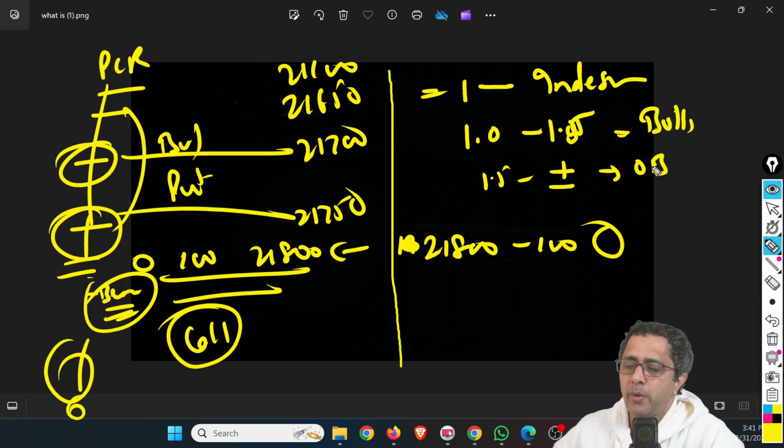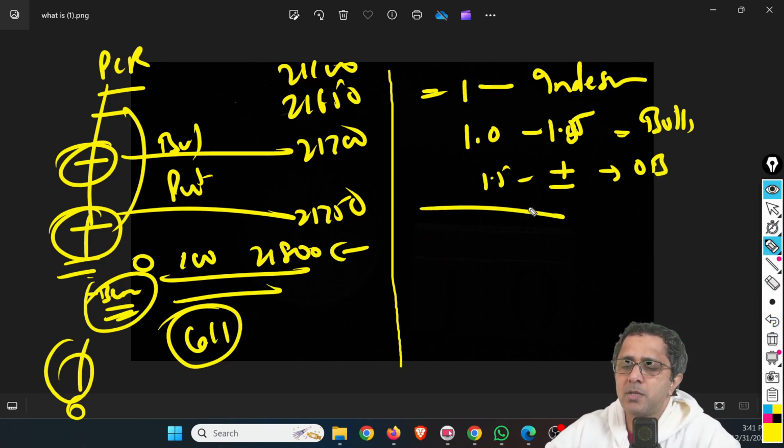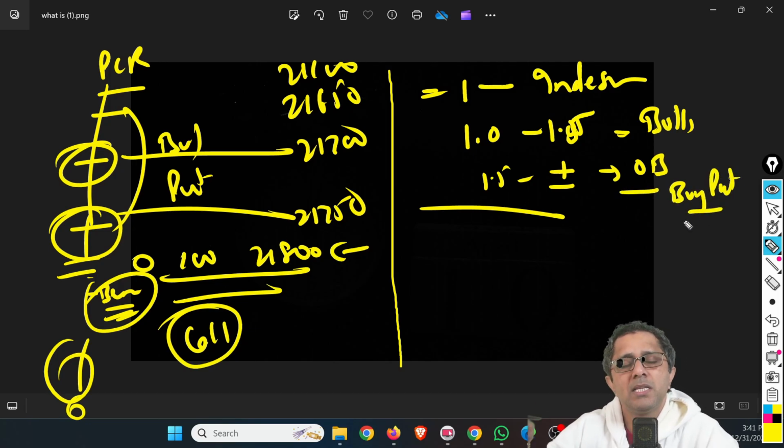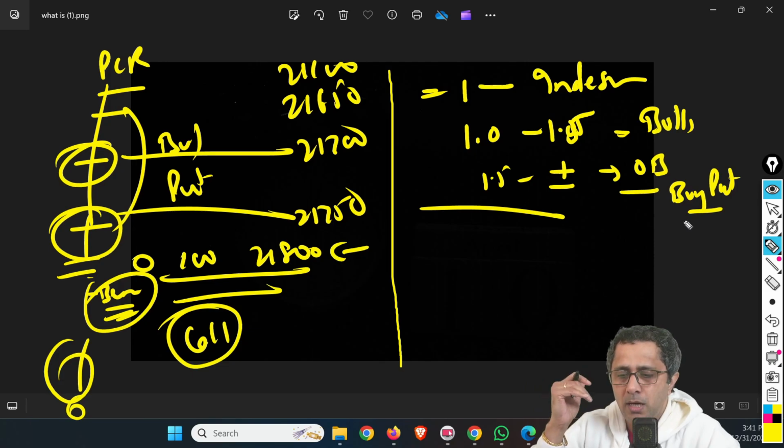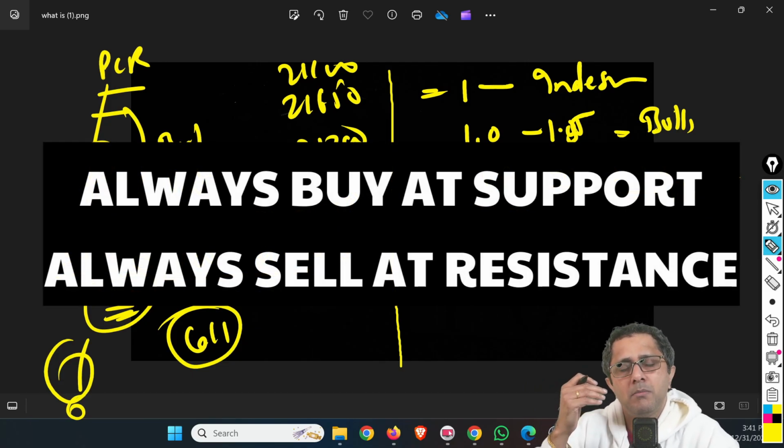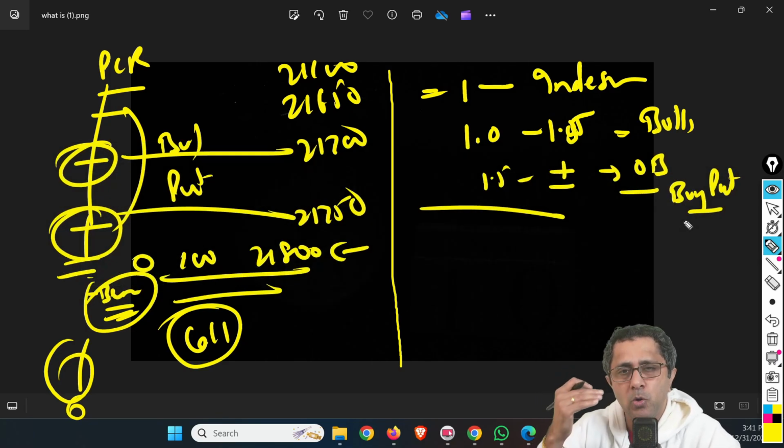Now if we talk about here, let's say this is 1, then we say we can buy put here, but don't buy blindly. Check the chart, check for the resistance, and check for the immediate support also. Once the market or the stock takes support, do not do anything. If that support is broken, and it tries to regain the same level, wait. If it fails to regain the same level, then you can buy.